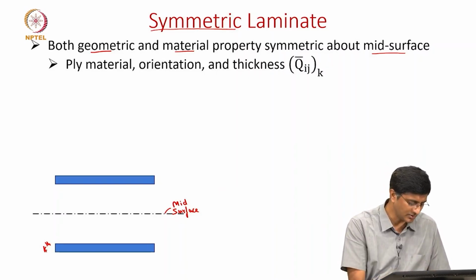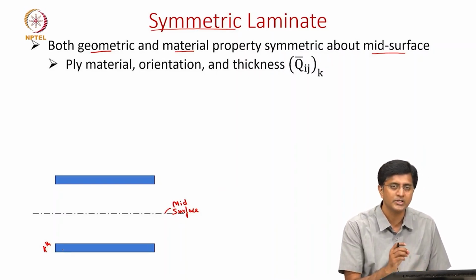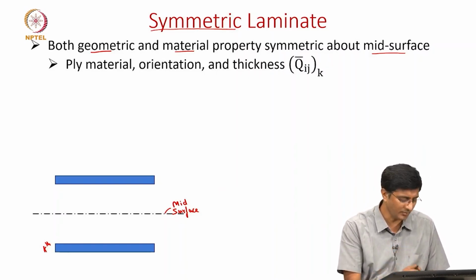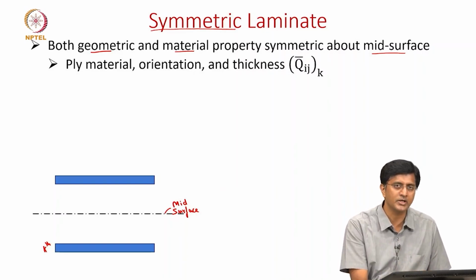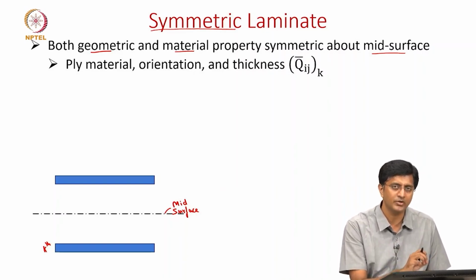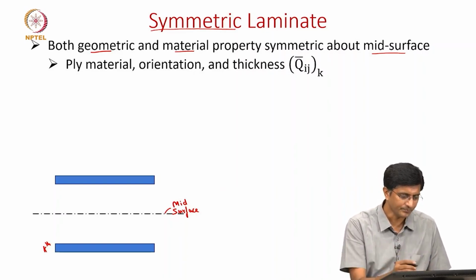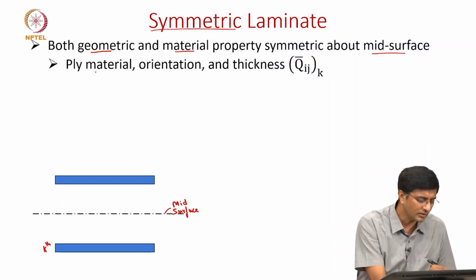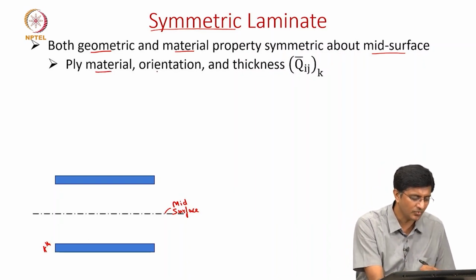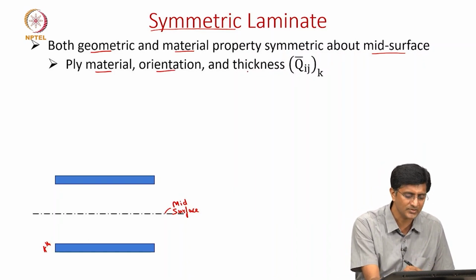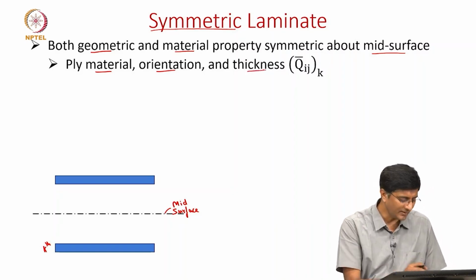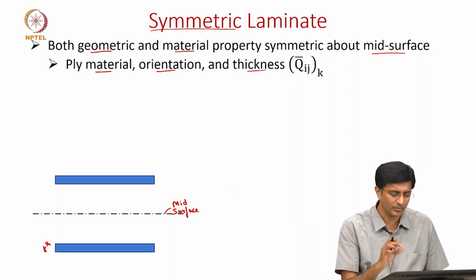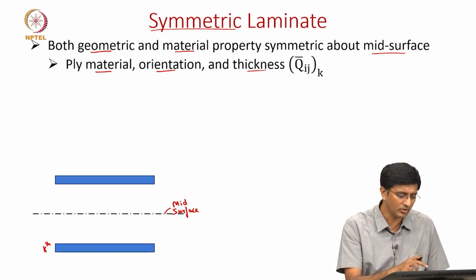So if this kth layer is made up of GFRP unidirectional lamina, even this top layer is made up of the same material unidirectional lamina. So the ply material is the same, orientation is the same, as well as the thickness is the same, and they are placed equally from the mid surface, then we call this a symmetric laminate.